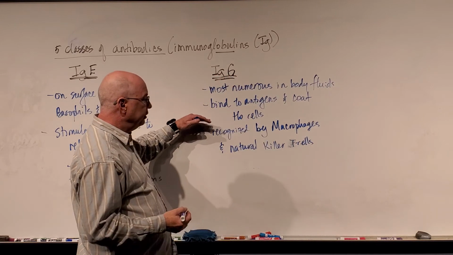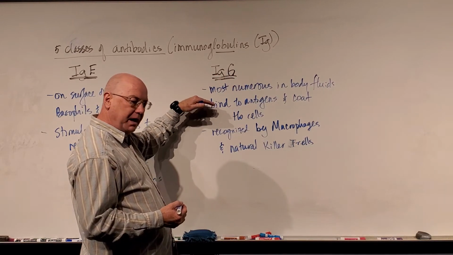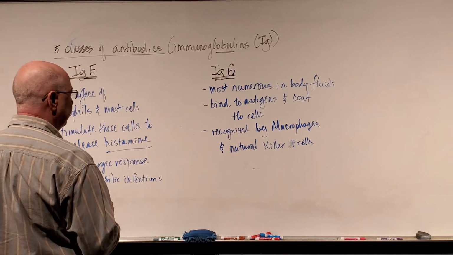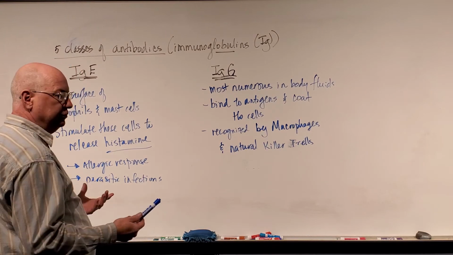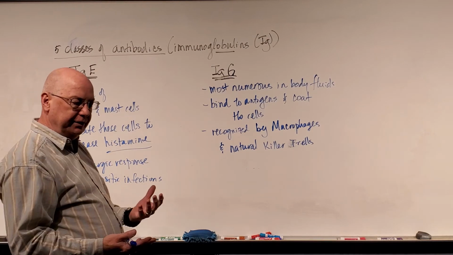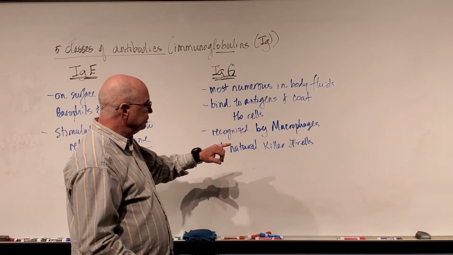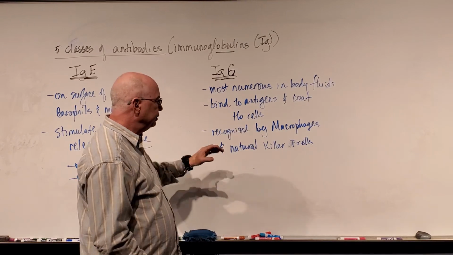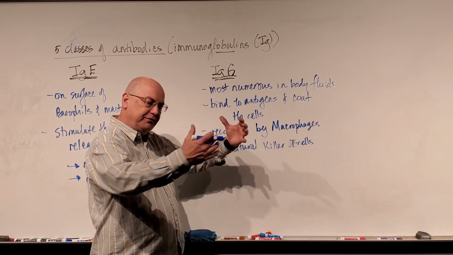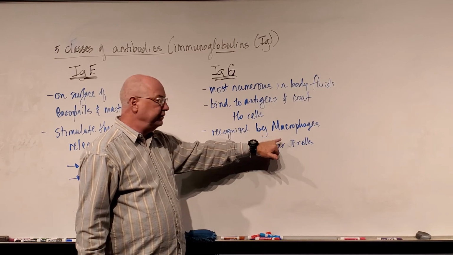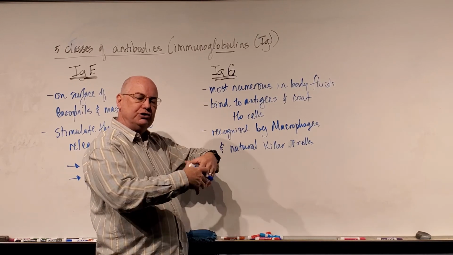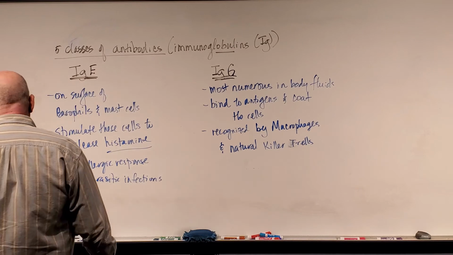So they can trigger whatever they bind to be phagocytosed or destroyed. It is the effector or the constant region that some of our macrophages and natural killer cells can bind to, and the macrophages will engulf and phagocytose the foreign invader. The natural killer cells will release the perforins that will poke holes in the foreign invader and kill it.